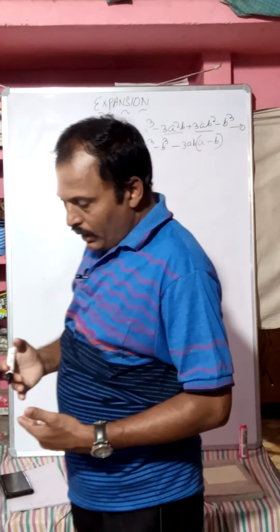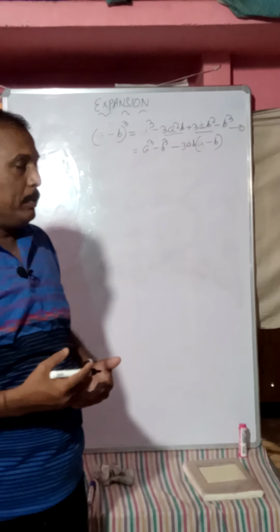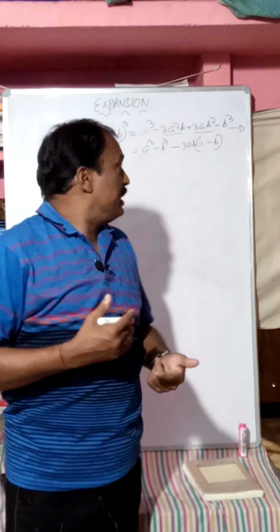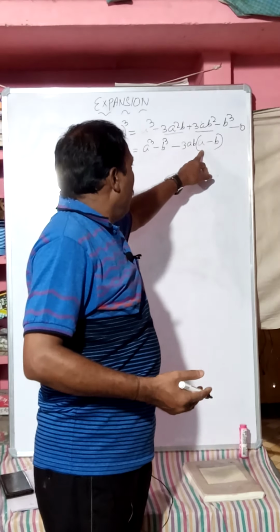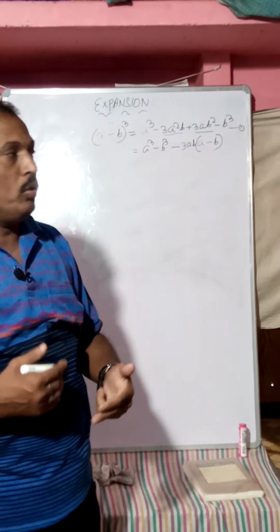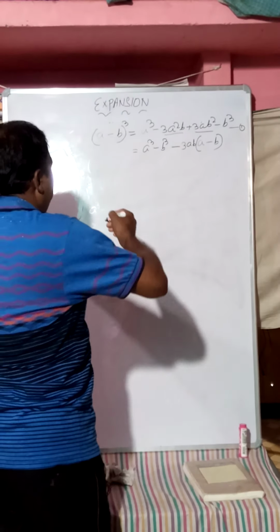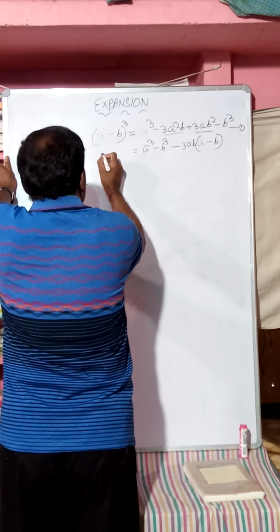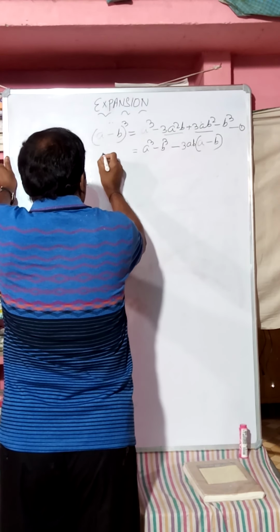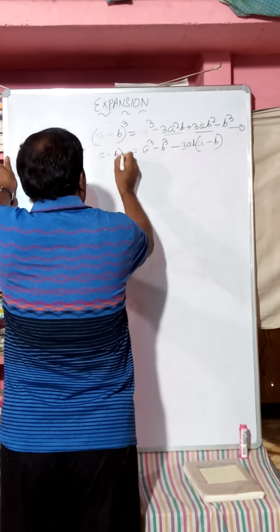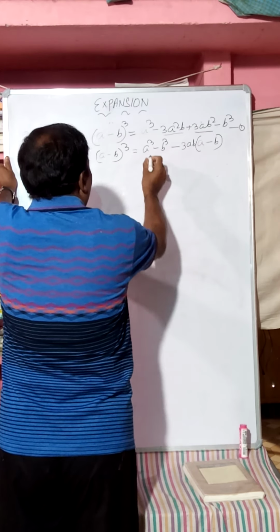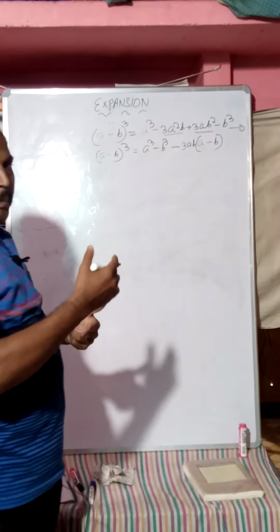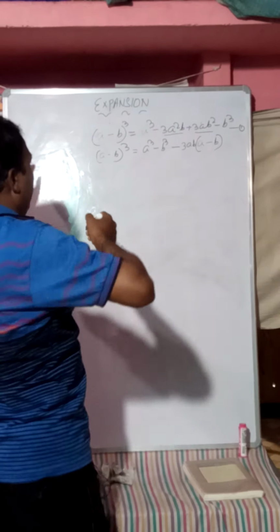Second step: (a minus b) whole cube is equal to a cube minus b cube minus 3ab whole into (a minus b). Now explain this step into a further formula.